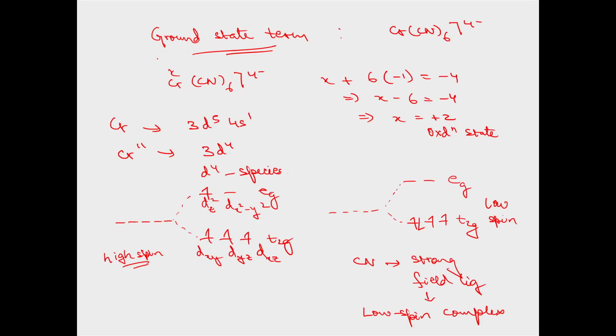Now, how do we find the term symbol? There are 4 electrons, and in one orbital there are 2 paired electrons, and the other 2 are unpaired.